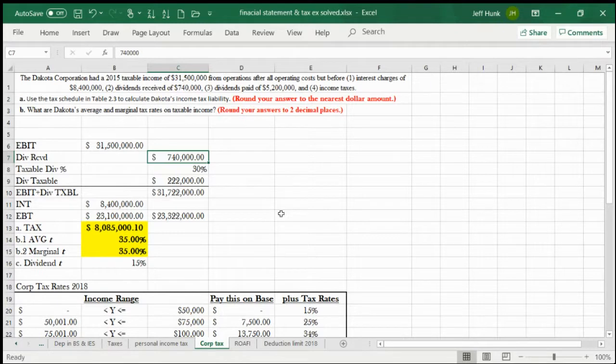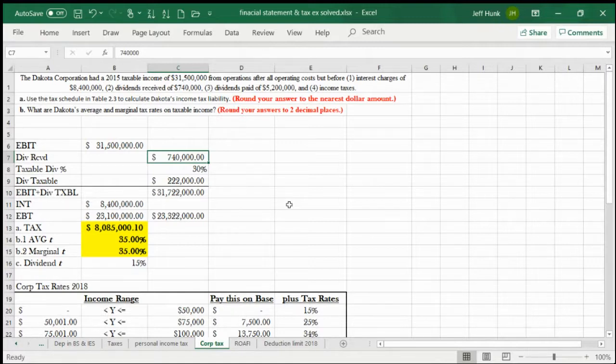But here's a rule about dividends received by a company, by a business, by a corporation, unlike the dividends received by an individual. Corporations invest in another corporation and receive dividend income from another corporation, depending on how much share they have in another corporation.